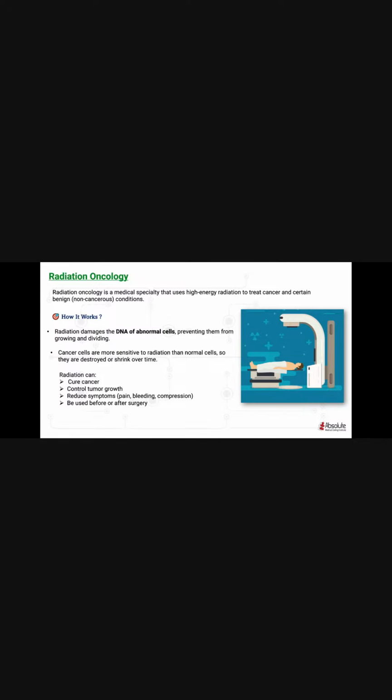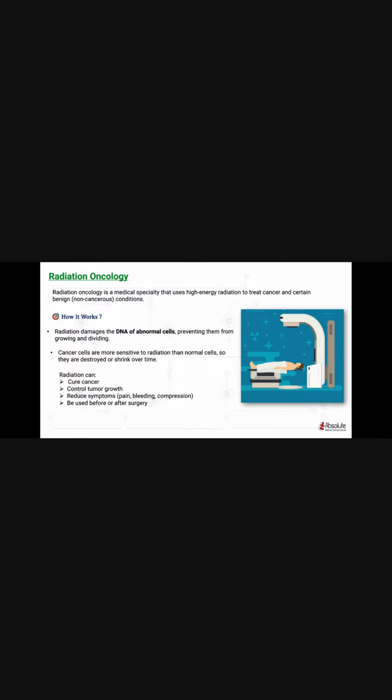Now let's simplify the science behind radiation therapy. Radiation works by damaging the DNA of abnormal cells or tumor cells. When the DNA is damaged, those cells cannot grow, divide, or multiply. That's how cancer cells are destroyed using radiation therapy.